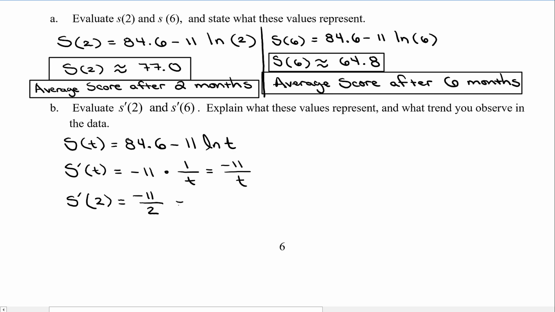And this represents negative 5.5 points per month. So based off of this negative value, I can tell that the average scores are going to be decreasing at a rate of 5.5 points per month after 2 months from the initial exam.